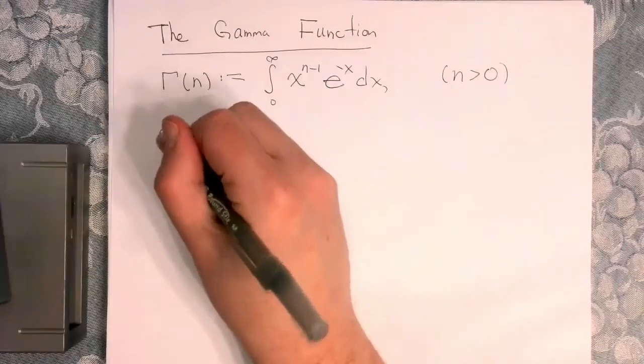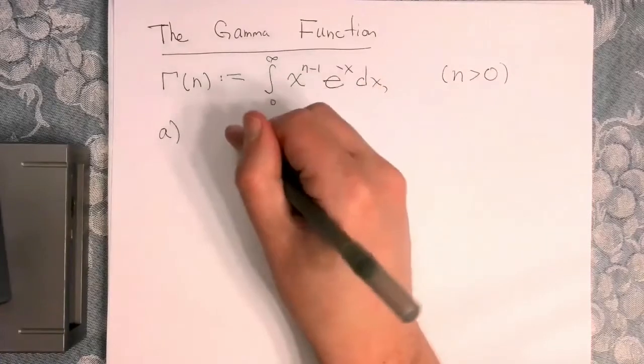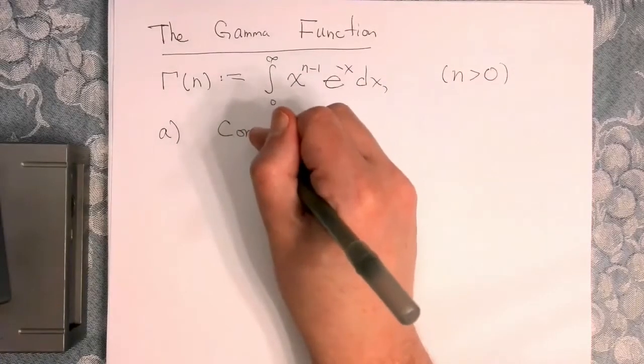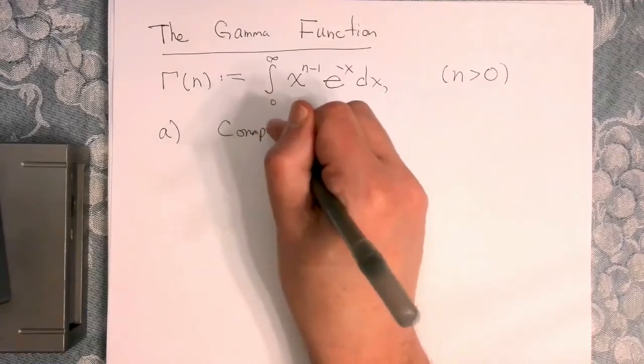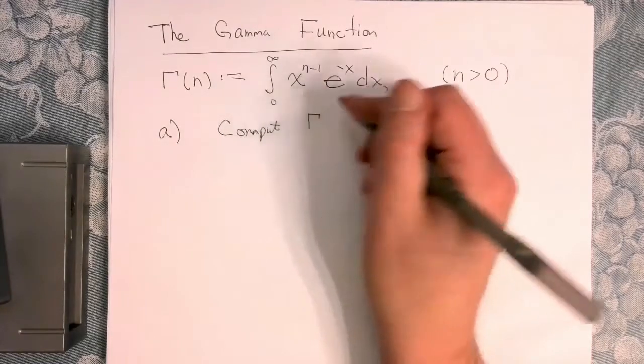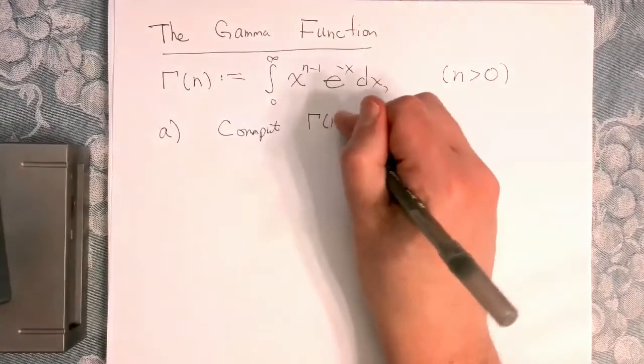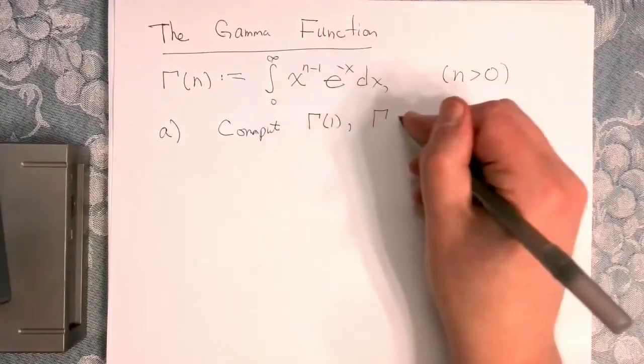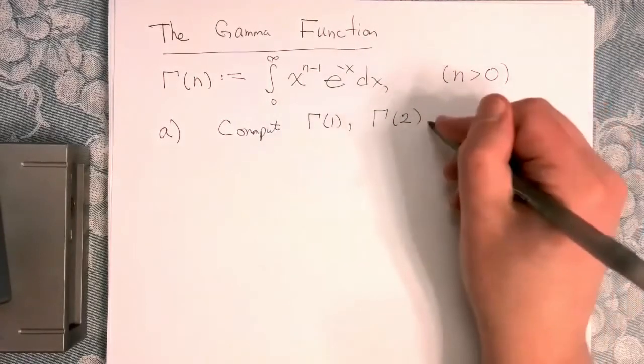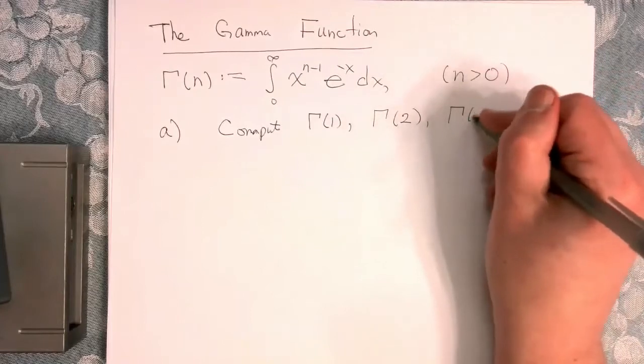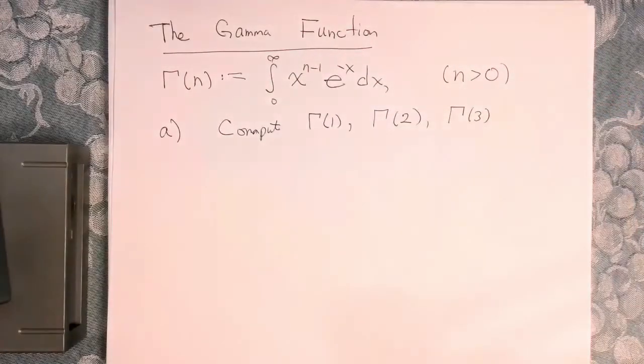So let's say, for example, we want to compute the following. So let's say we want to compute gamma of 1, gamma of 2, and then gamma of 3. And there will be a second, maybe I'll mention that second part now.